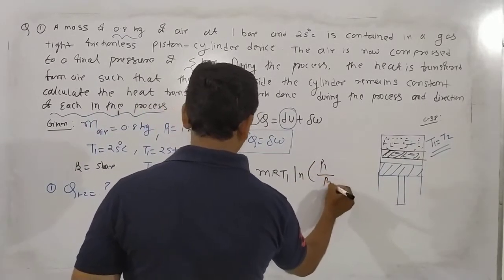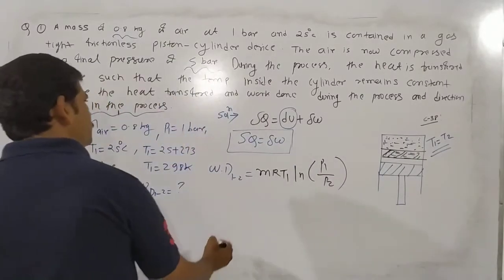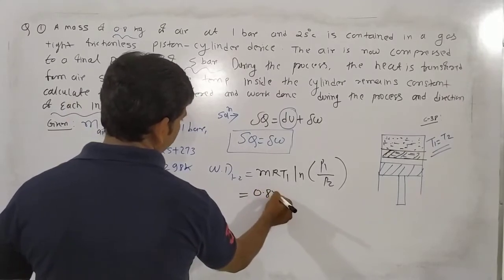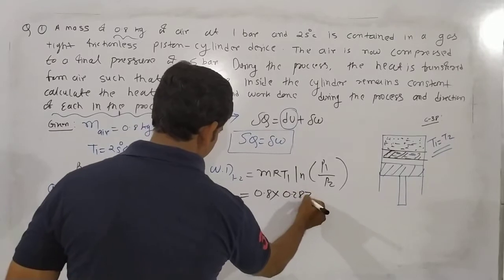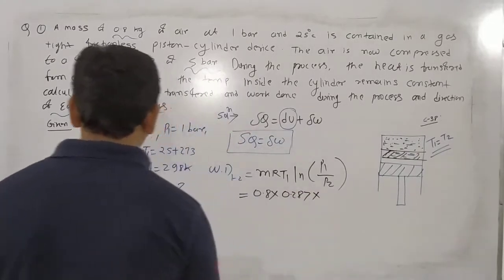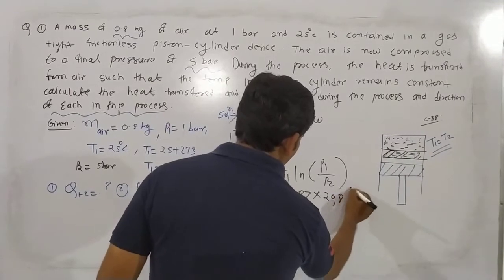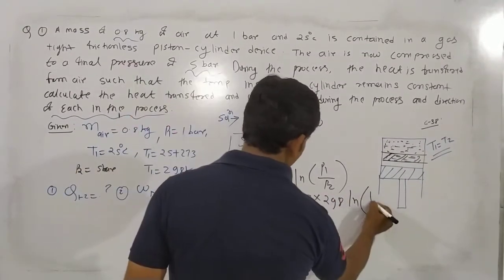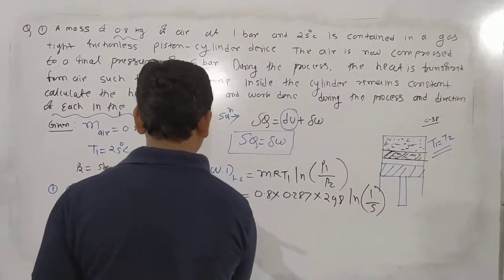This is our standard formula. Just put the values. m is 0.8, R is 0.287, T1 is 298 Kelvin, ln of P1 upon P2. P1 is 1 and P2 is 5, so 1 upon 5.